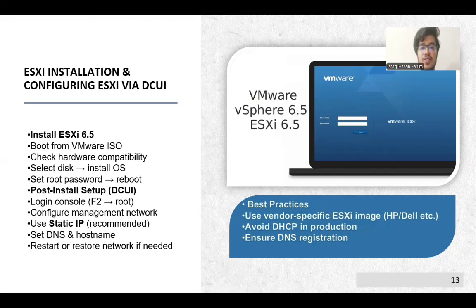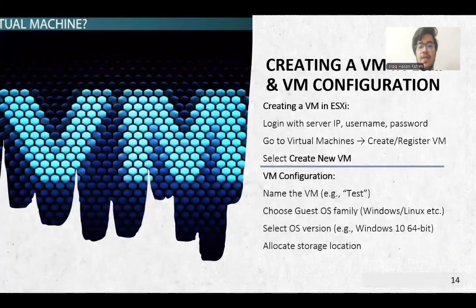After installing, we use the Direct Console User Interface, DCUI, and configure the basic settings like IP address, host name, and root password. This setup allows the server to be managed remotely through vSphere for running virtual machines, creating VMs.